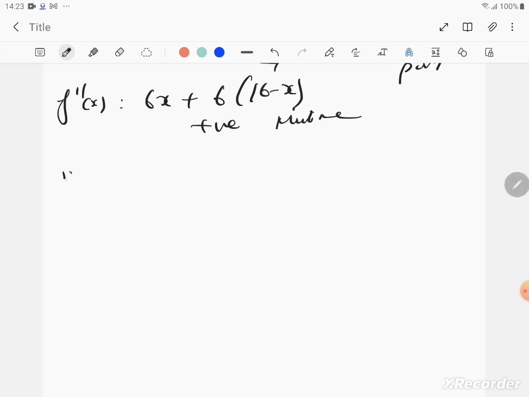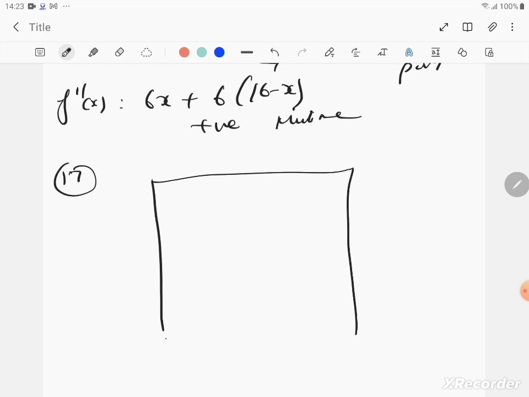So 17th question. A square piece of tin has sides 18 centimeter. It is made into a box by cutting a small square at each corner. This is called a laddu box sum. We are making a laddu box.